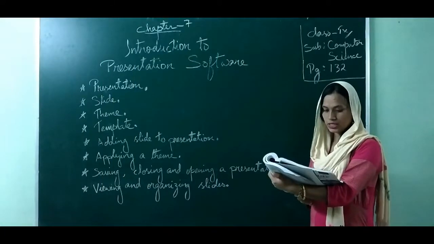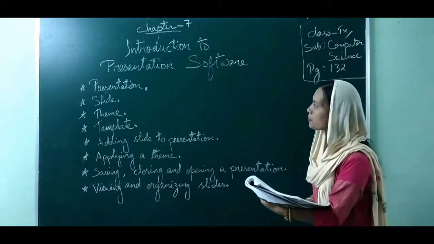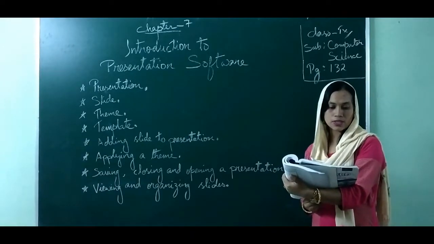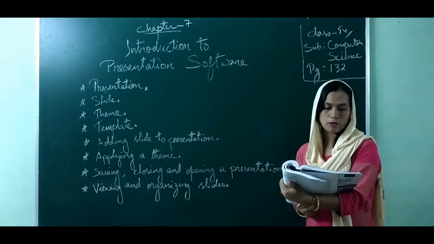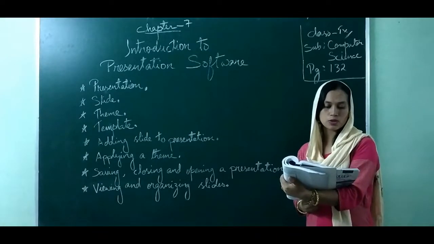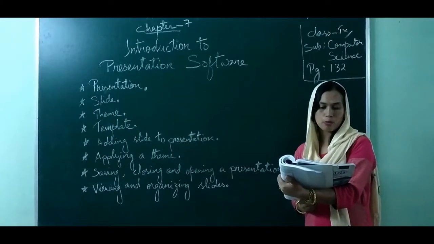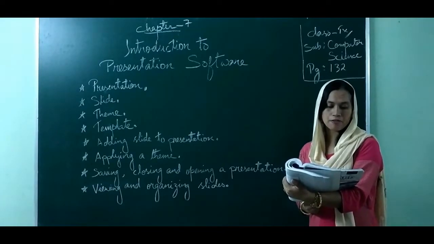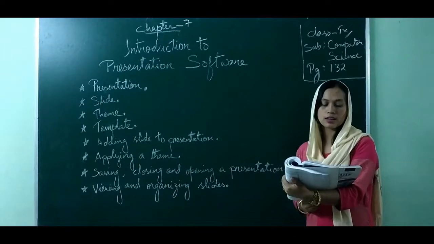Open page number 132 for the definition of presentation. So what is a presentation? A presentation is a systematic display of information on a particular topic. It consists of a number of slides containing elements like text, graphic, movies, sound and graphs.